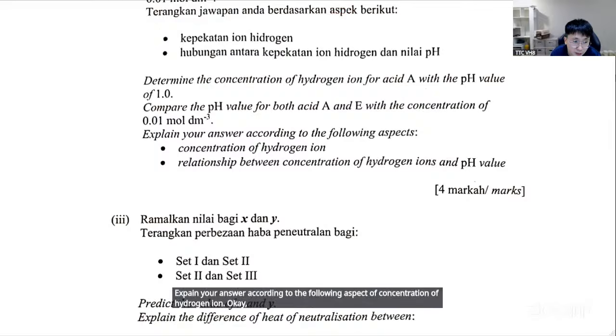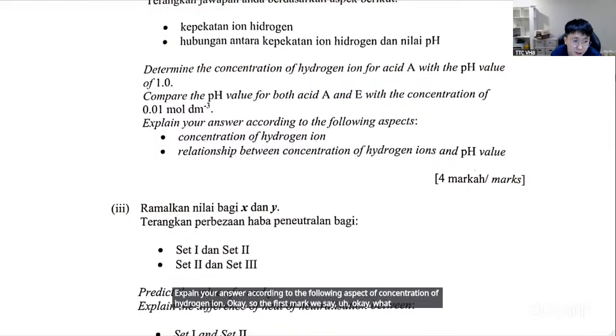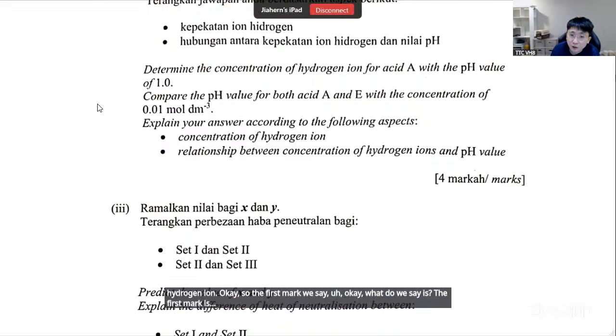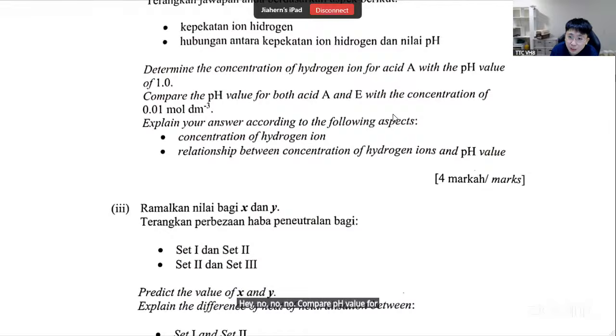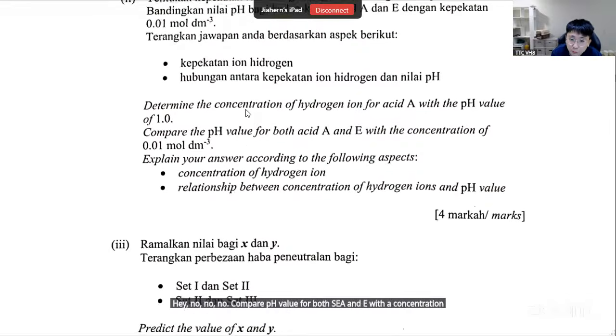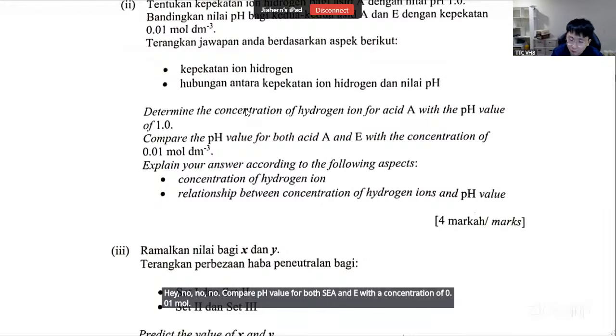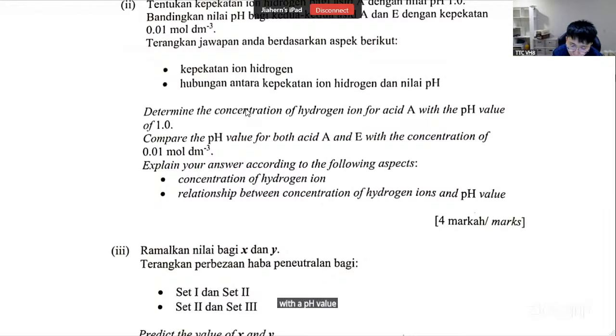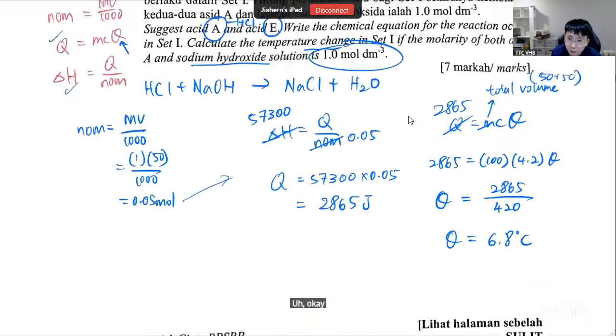The first mark is: compare pH value for both acid A and E with a concentration of 0.01 mole, with the pH value of 1.0. Determine the concentration when the pH for A is 1.0.